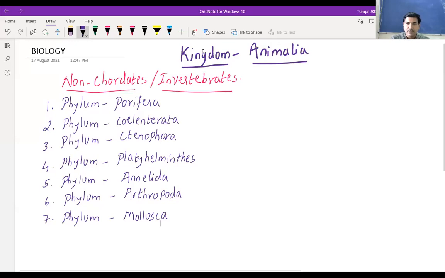Porifera, then after Porifera comes the Coelenterata. Then we are going to add the Ctenophora. Then Platyhelminthes. So we have to add one more here in between: let us add Ascalmenthes.